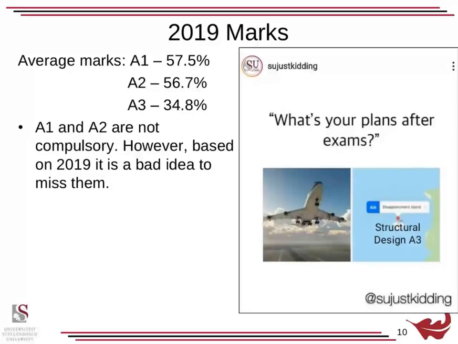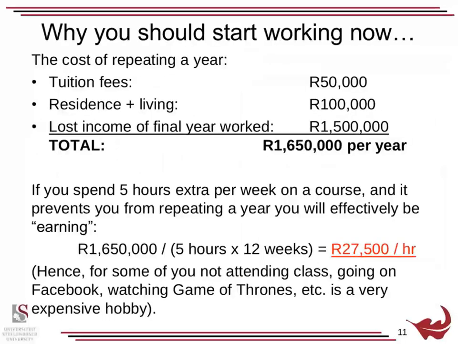If you have a look at the 2019 marks, you'll see A1, A2, and A3. Be careful of skipping A1 or A2 because historically often it hasn't been the best idea to write A3. Rather try get it done in A1 or A2. So just something to think about.